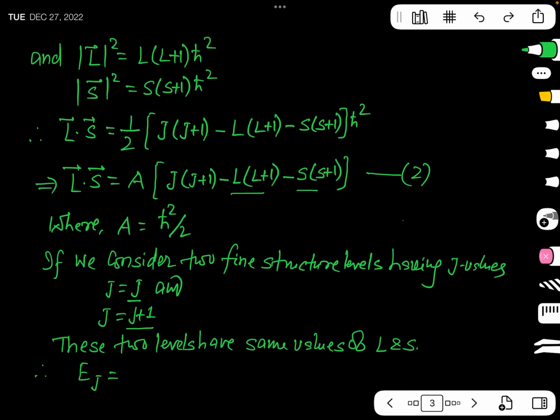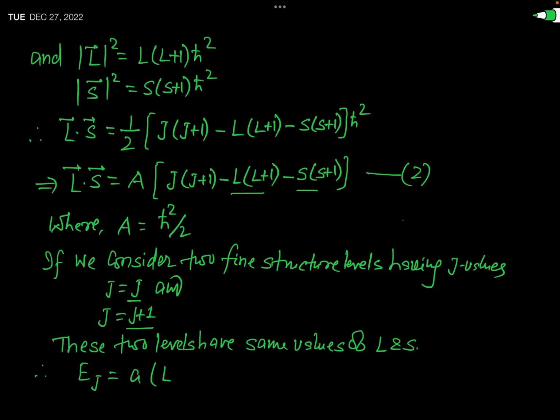So EJ will be A times L dot S. And since L dot S is equal to this much defined in equation 2, this will be A into A times J into J plus 1 minus L into L plus 1 minus S into S plus 1.